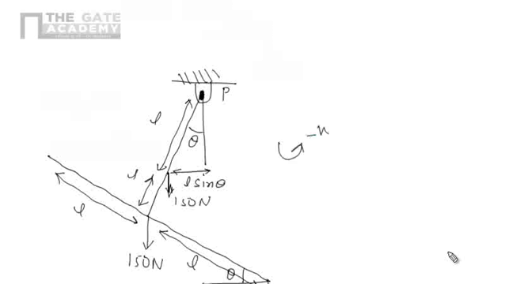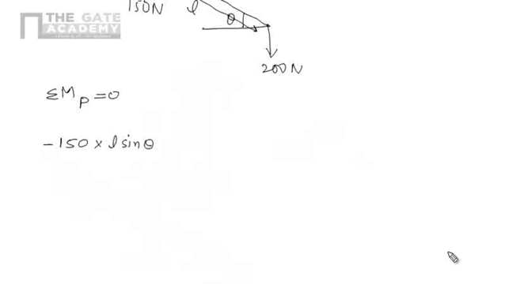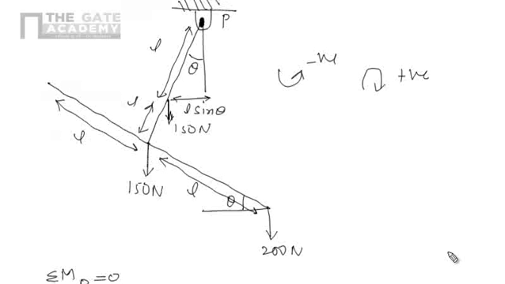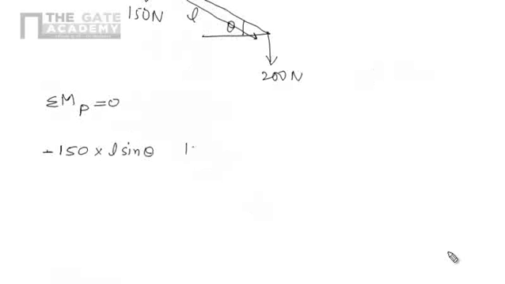Anti-clockwise is negative and clockwise is positive, so we assign negative. Similarly, due to this other 150 Newton, the perpendicular distance will be 2L sin theta. So 150 into 2L sin theta, and again it is anti-clockwise, so negative.